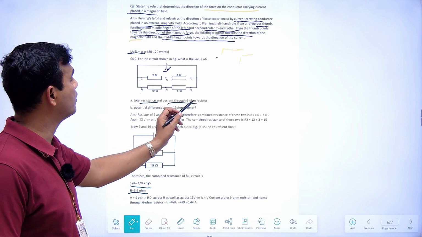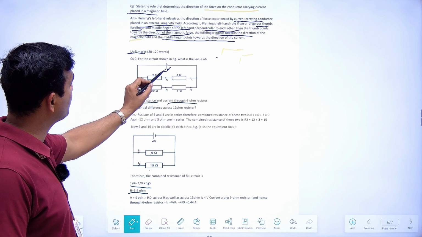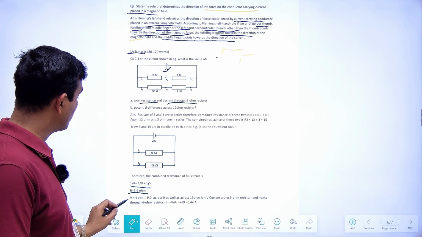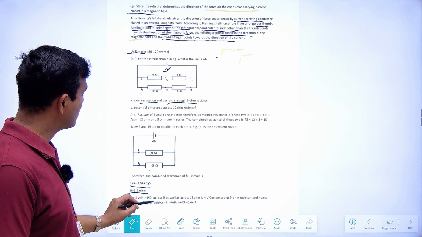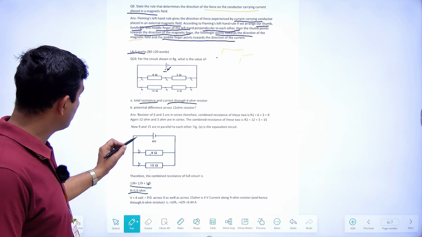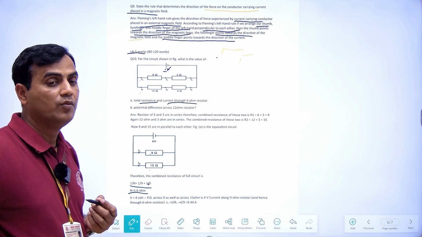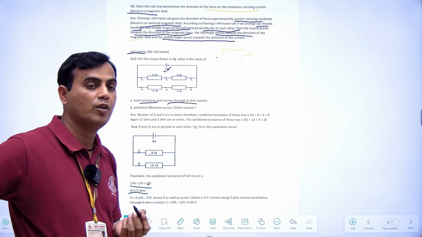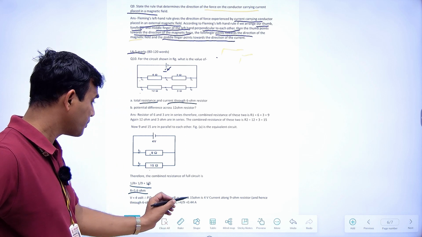Now we find out the current through 6 ohm resistance. Here we are given the potential of battery, V equals 4 volt. The potential difference across 9 as well as 15 is the same, because both these resistances are in parallel. In parallel we have the same potential difference for all the branches.